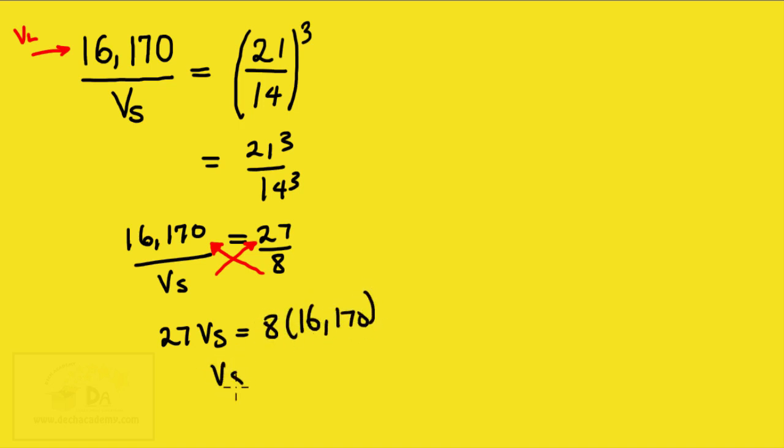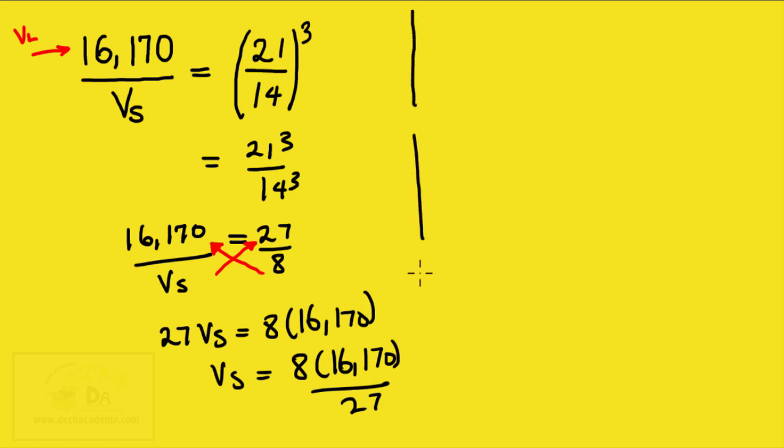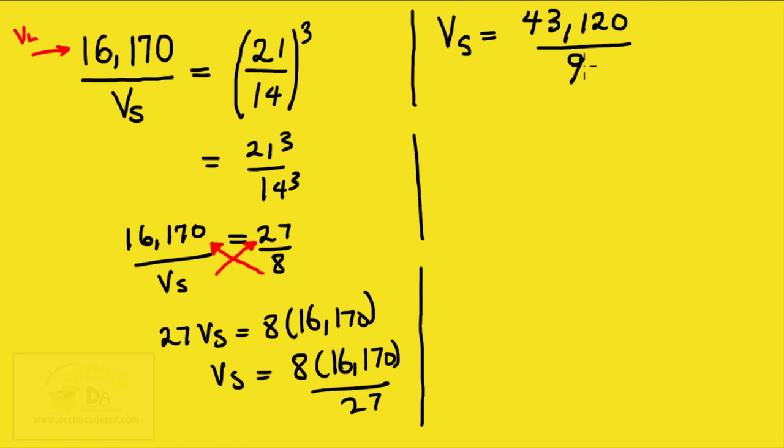So the volume of the small cone is 8 times 16,170 divided by 27. So the volume of the small cone is equal to 43,120 divided by 9 centimeters cubed.